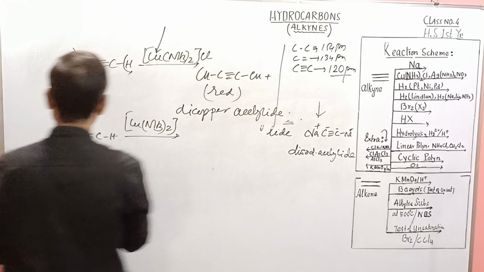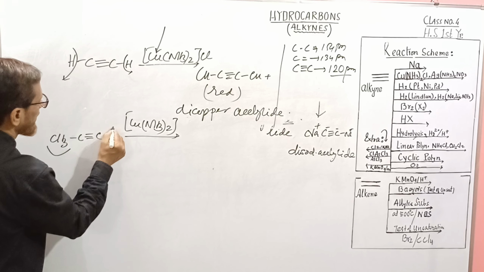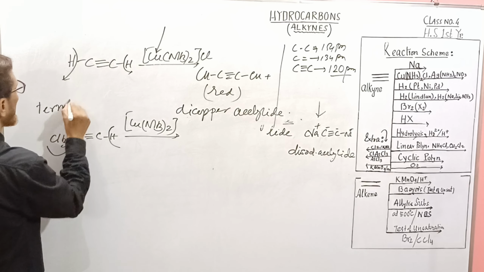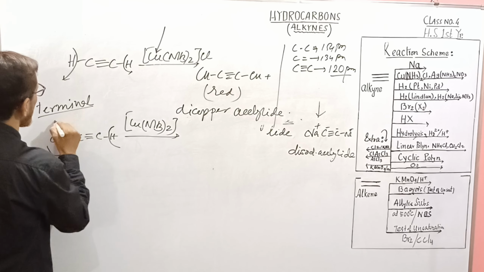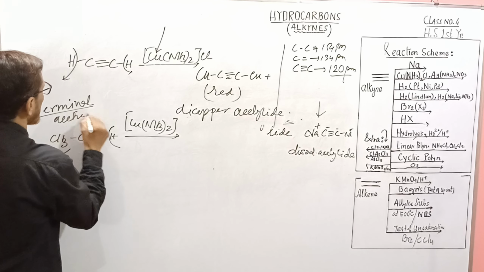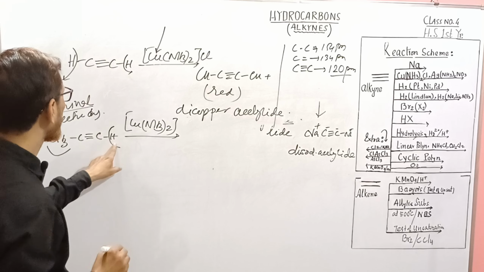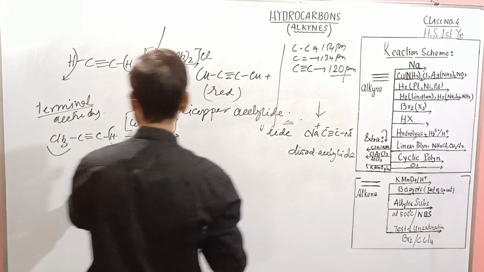You see, the reaction will not occur here. That hydrogen is called terminal hydrogen, and that hydrogen is acidic hydrogen. Am I right? That terminal hydrogen, if it is alone, will be replaced by copper.